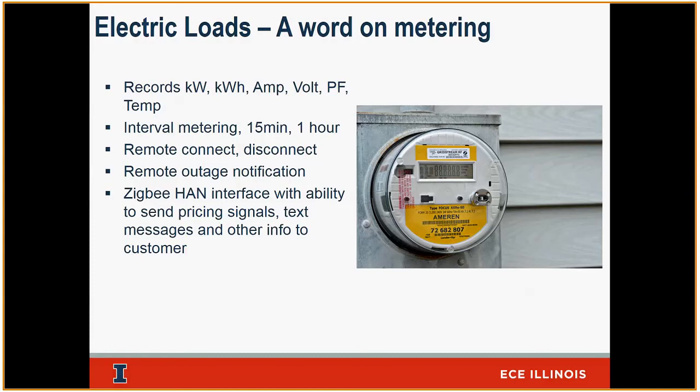An AMI meter has two chips in it. Right? Two communication chips. One talks to the utility, to Ameren, and one talks to the customer, where you can actually talk to your meter. So the chip that talks to the utility brings back information like kW, which is demand, kWh, which is energy, amps, volts, power factor, temperature.